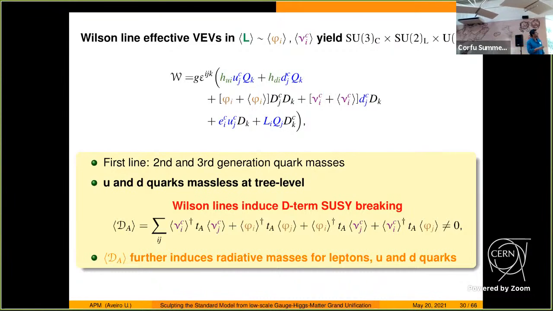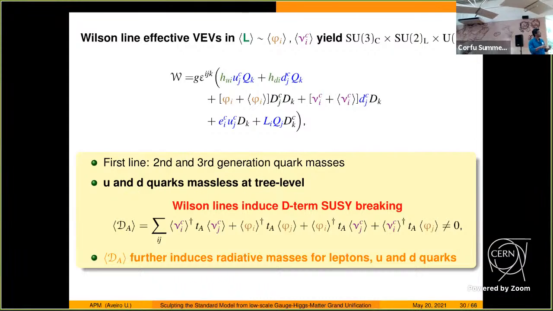And another nice thing happening here is that the Wilson lines induce D-term SUSY breaking. So the D-term acquires this structure and it doesn't vanish. And this is crucial because this will then propagate into loops.